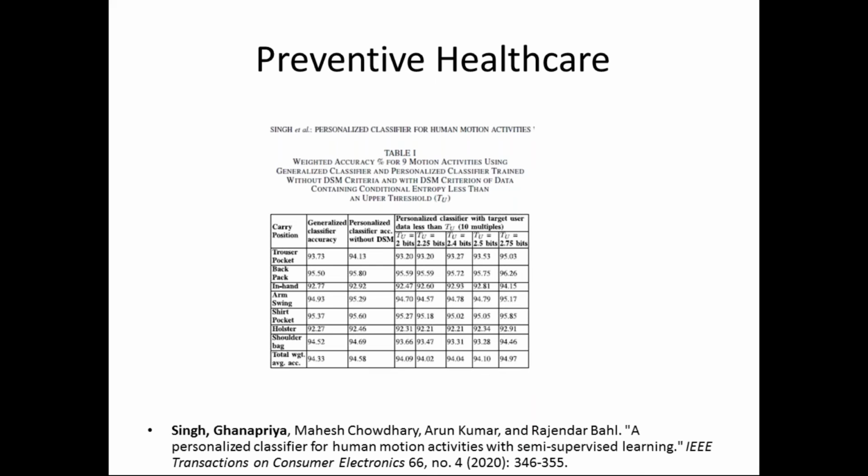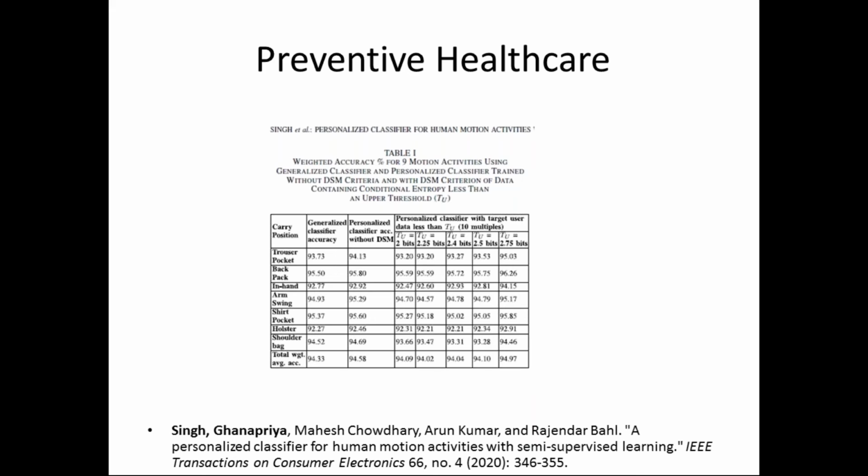So what was done? A personalized classifier was designed for human motion activities, and you must be thinking that personalized classifiers are widely available. But here, without asking the person for any raw data, when the wearable device is being installed, the person is usually asked to walk for 10 minutes.